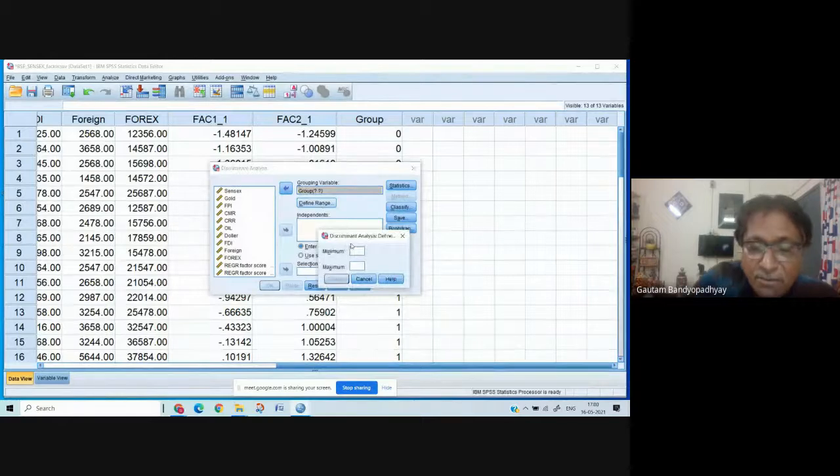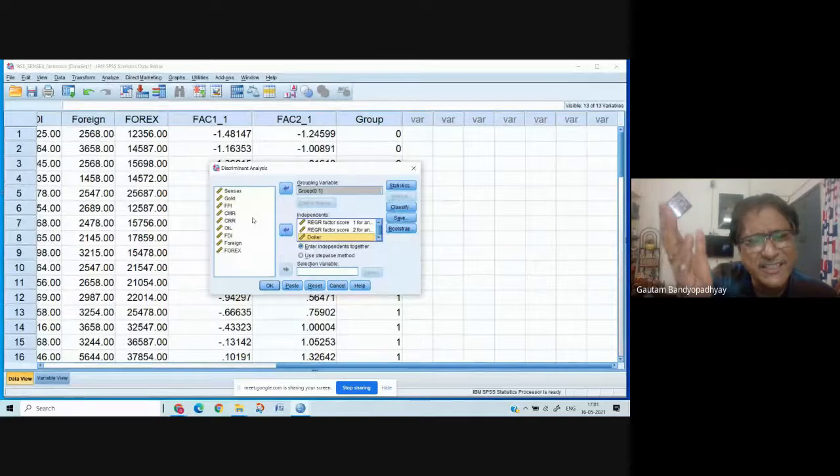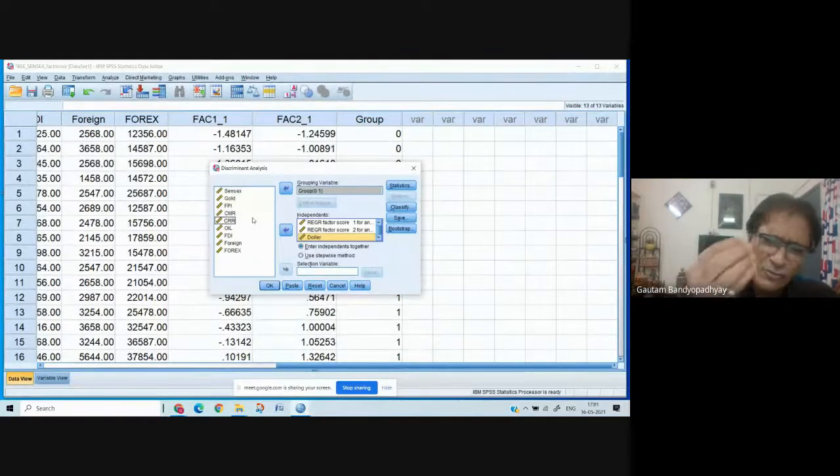The minimum value is 0 and maximum value is 1, and continue. And what are the independent variables? Factor 1 score, factor 2 score, and dollar. You could take the other two variables which were already discarded. I am not taking them because they will be discarded from this variable set.